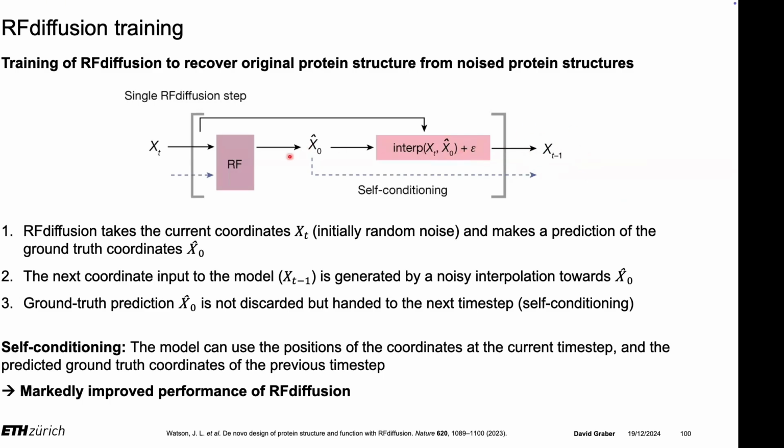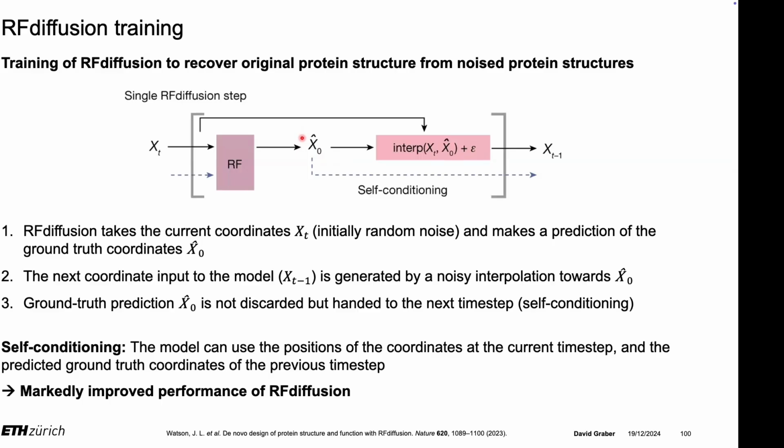And besides these coordinates, it also always gets the ground truth prediction of the previous time step. So it is not discarded, but you always take some set of coordinates and the prediction of the ground truth that the last diffusion step made into the next diffusion step. So this is what they call self-conditioning.